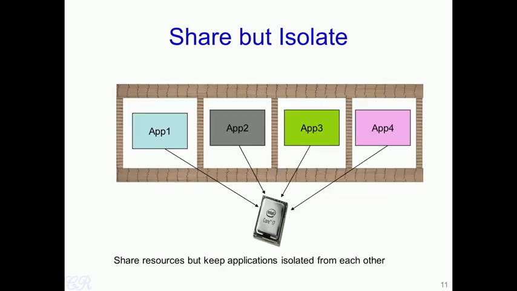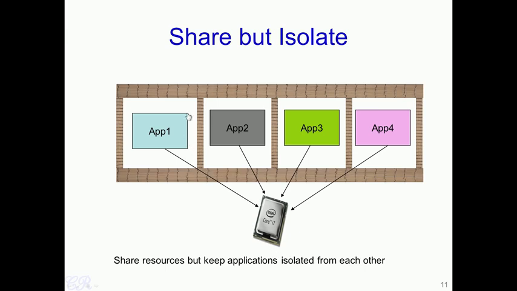What makes it difficult for the operating system is that in spite of sharing the limited hardware resources among the various applications, the sharing should be done in such a way that applications are isolated from each other.